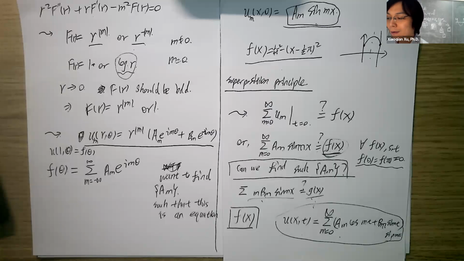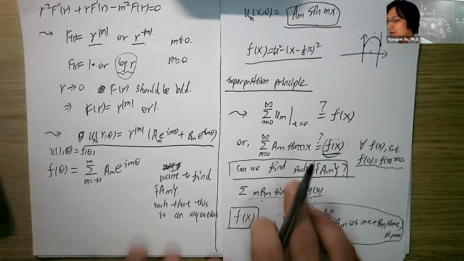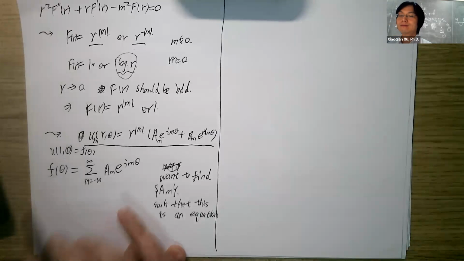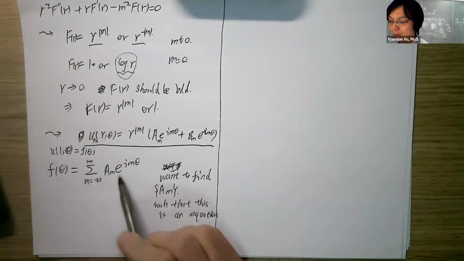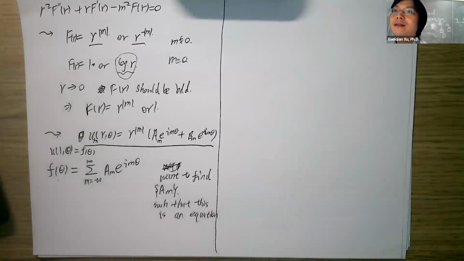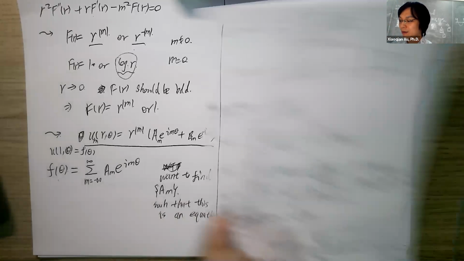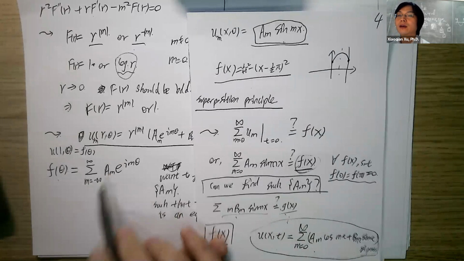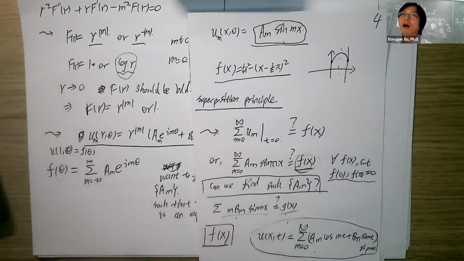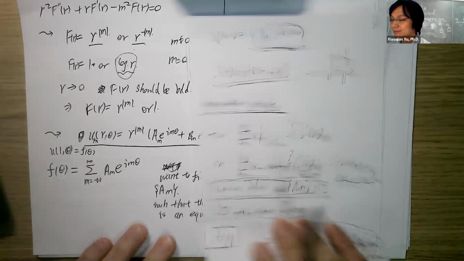So after all, what we really want to do is approximate a function by trigonometry series. No matter which kind of trigonometry series, they can only approximate a periodic function. Don't forget this.